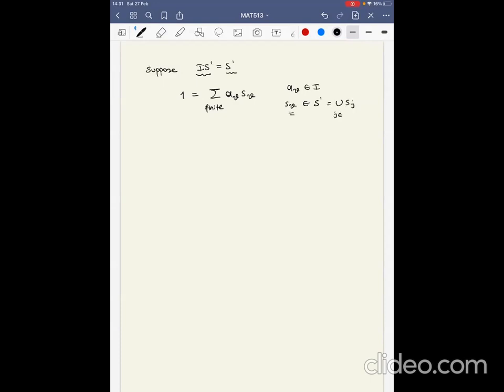So for these s_v, since they lie in S prime, and since this is a chain with respect to inclusion, there exists an index j0, like a bound for this index set, such that all these finitely many s_v lie in S_j0.